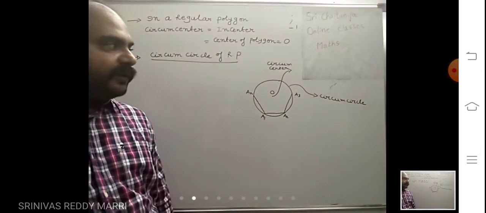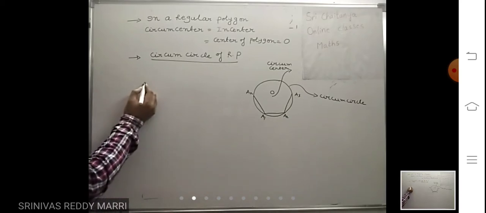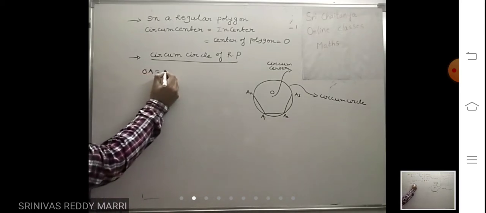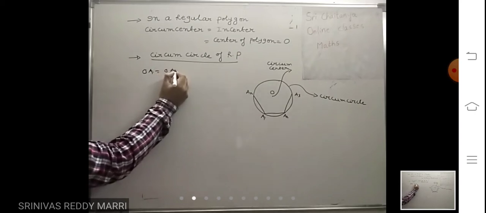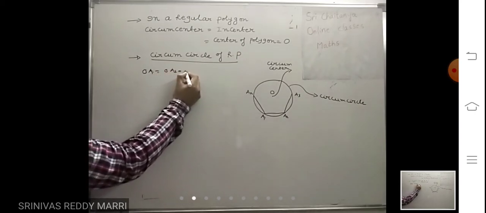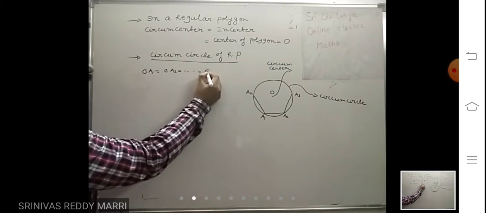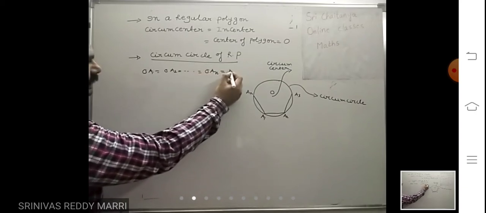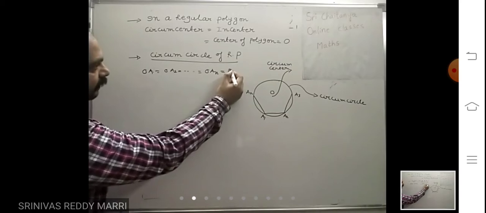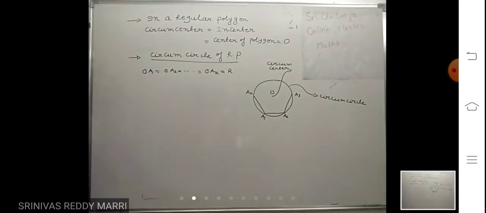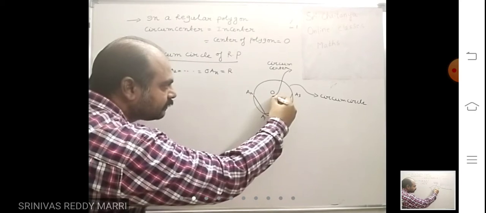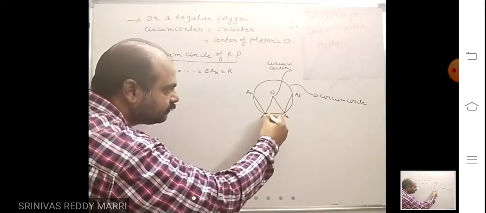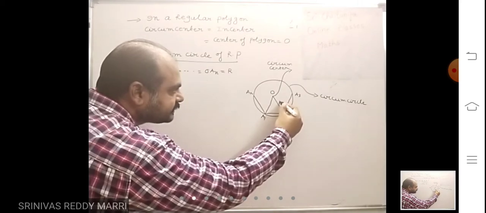Like that in a regular polygon also, OA1 equal to OA2 and so on up to OAN. It will be equidistant and that is called capital R. These distances OA1, OA2 are nothing but the radius of the circle.